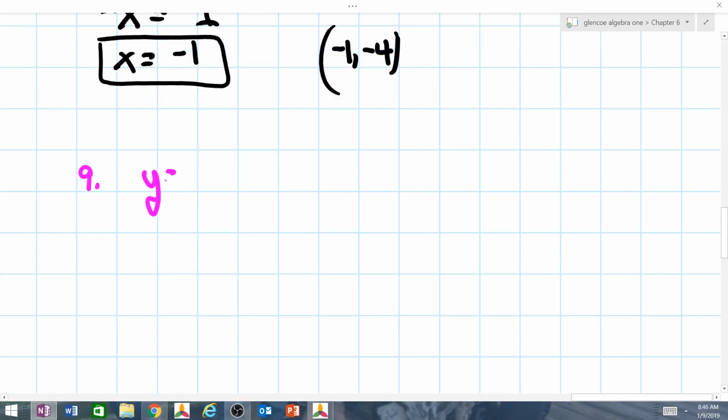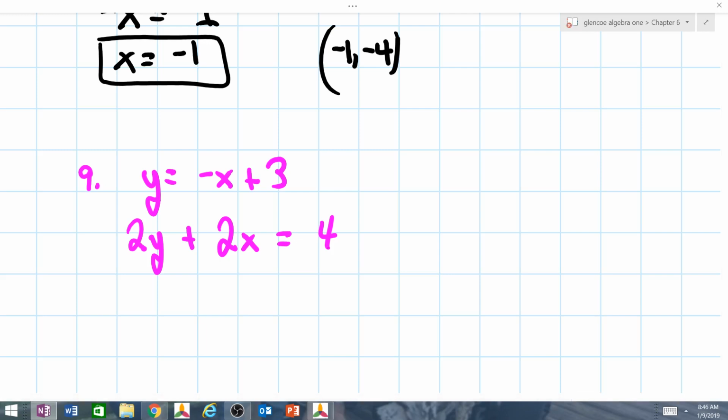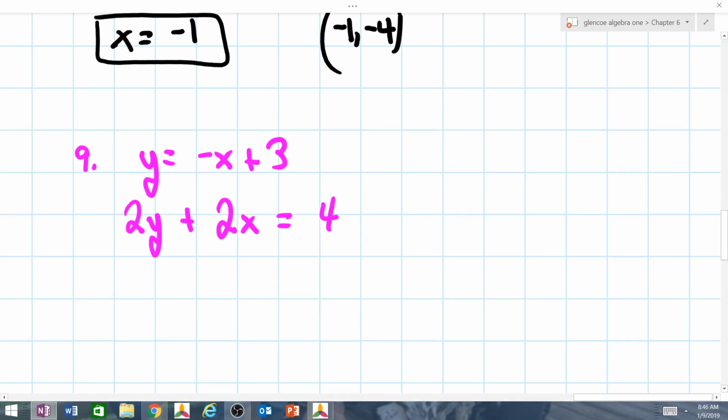It says y equals -x plus 3 and 2y plus 2x equals 4. So what are we going to substitute in for y, guys? -x plus 3 is going in right here. I'm just going to give you a hint.